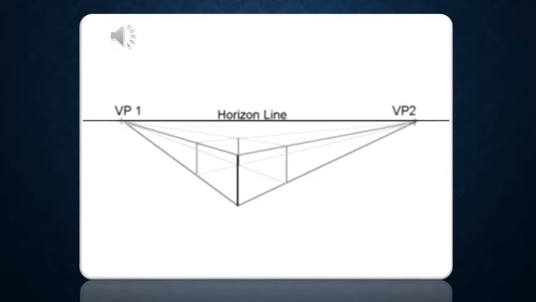So the middle line over here, which is a little darker, is the object's height, and then we will decide where the object goes and what the details of that object are. So the basic three elements are the horizontal line, the vanishing points which are two in 2 point perspective, and the height of the object, which is shown with the single line in the slide.